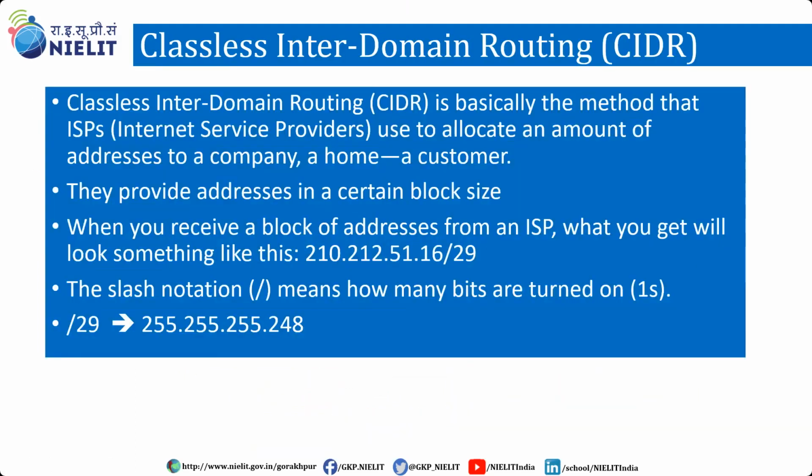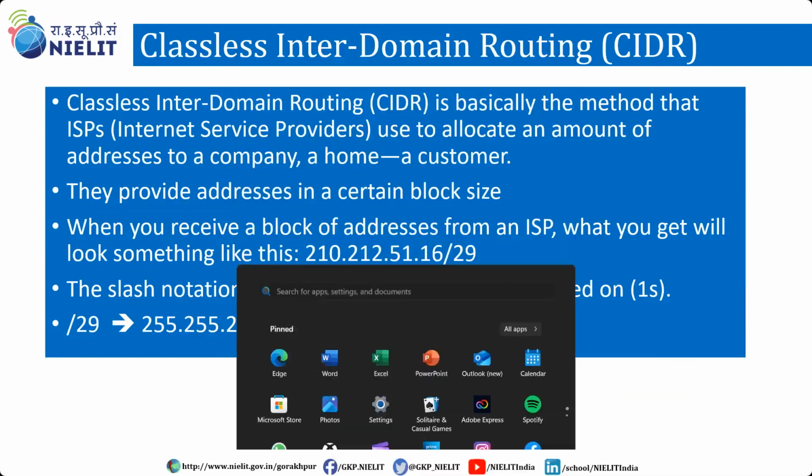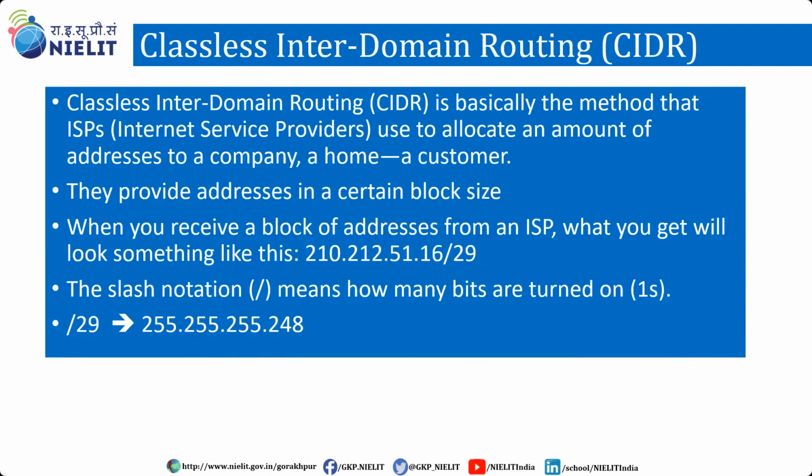Now coming to classless inter-domain routing. Classless inter-domain routing is basically a method used by ISPs. When an ISP allocates an IP block to an organization or individual, they allocate something like this. Suppose some IP address is there: 210.212.51.16/29.